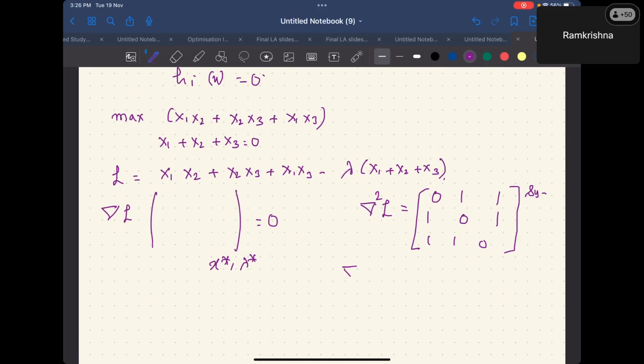The second order conditions would say that if I were to maximize, I am looking at whether this is less than or equal to 0. How do I do the check, based on what I learned from symmetric matrices? I look at the eigenvalues, and with computation the eigenvalues here turn out to be 2, -1, and -1.